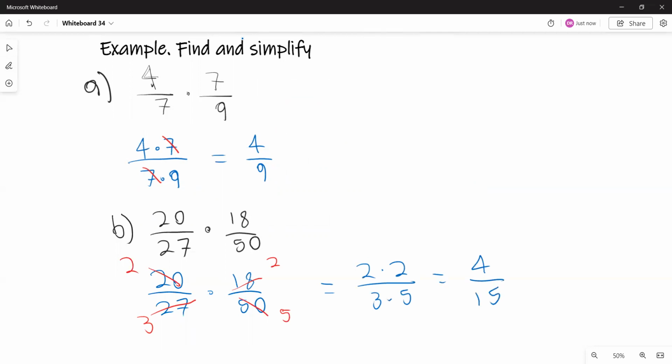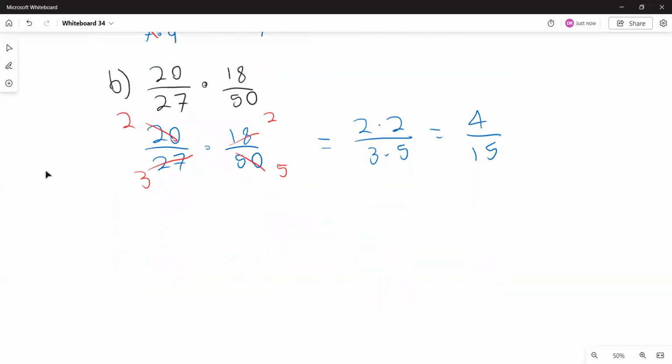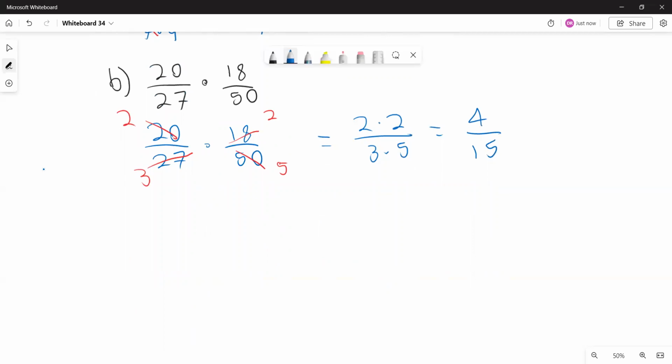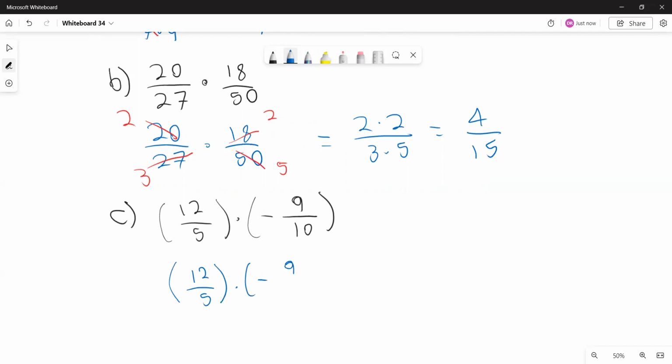And part C, 12/5 times -9/10. Okay, so we can see a couple of common factors. So 12 and 10 are both divisible by 2.